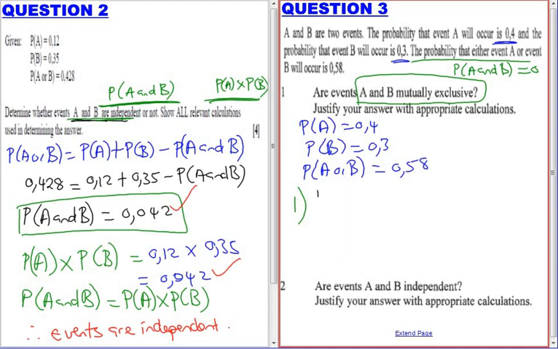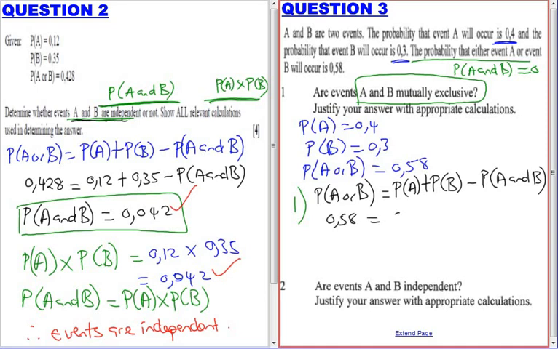So let's use our formula for that. It doesn't look like we have the probability of A and B right here, so we may have to calculate it. So this is what we have, right? Making substitutions, I'll put 0.58 here, and 0.4 here, and 0.3 here. I think I'll easily get this remaining one.